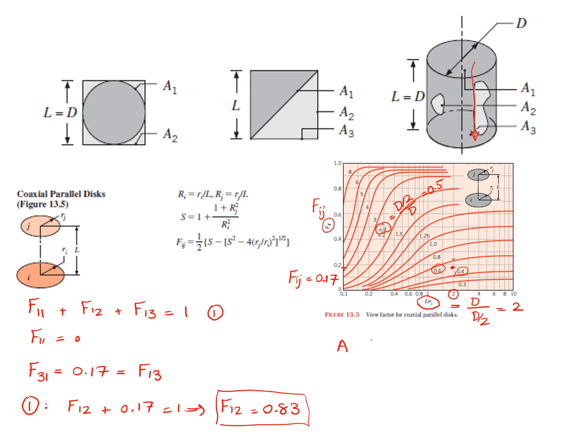I say A1 F12 is equal to A2 F21. For my A1, I'll have my area on the circle on the top. That's going to be pi d squared over 4. F12 is going to be 0.83.